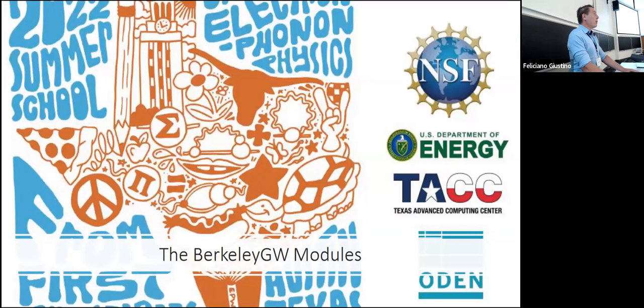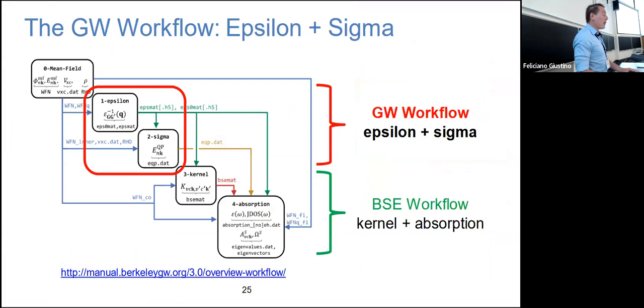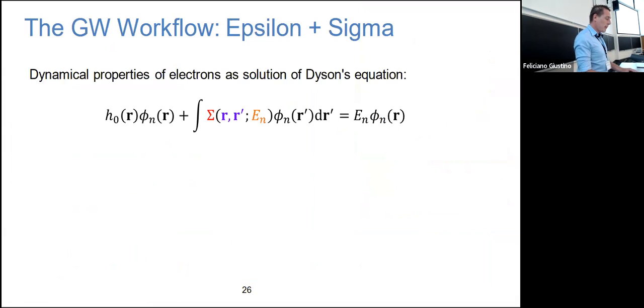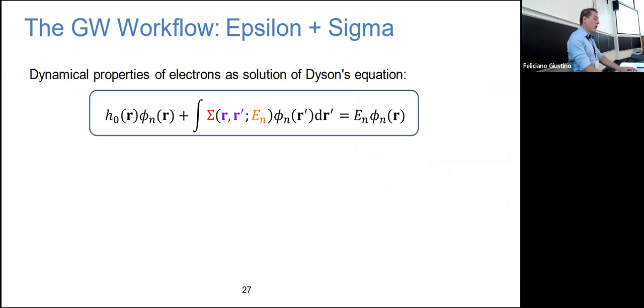Now, more details about the various modules. Again, we are going to start with the GW part, Epsilon and Sigma. And as already previously mentioned, I'm going to just summarize a little bit what GW is doing. Within GW, we calculate the dynamical properties of the electrons by solving a Schrodinger-like equation, known as the Dyson equation. The equation is given here.